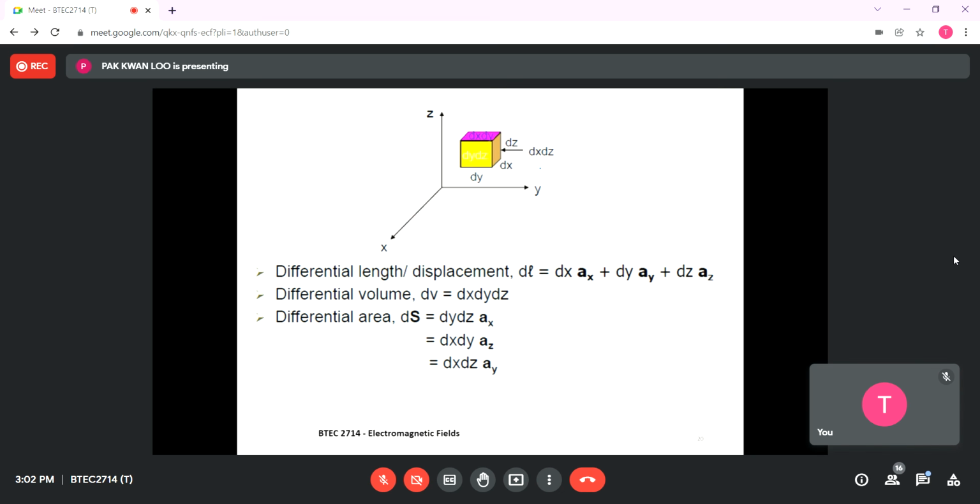Imagine, I'm going to redraw this rectangular cube here. Okay.